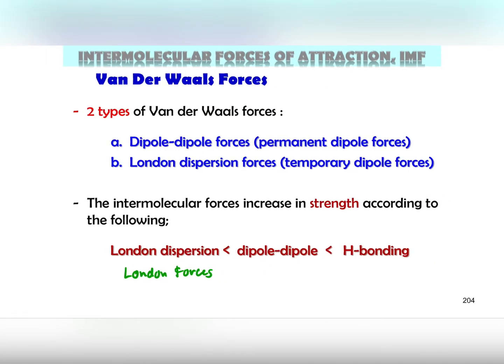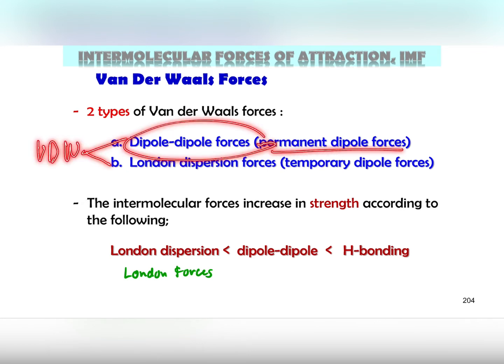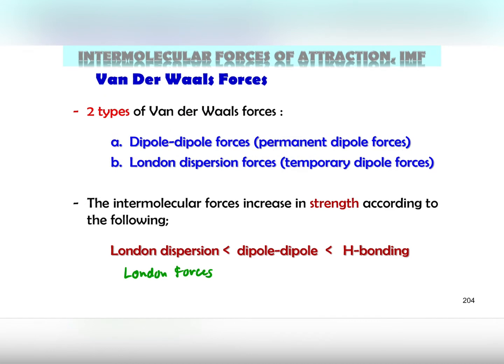Van der Waals forces, as I mentioned to you, can be divided into two. The first one is dipole-dipole forces, or the other name is permanent dipole forces. Permanent dipole, as I mentioned before in our last Google Meet session, dia mesti ada dipole moment. Permanent dipole, barulah dia boleh dikategori sebagai dipole-dipole forces.